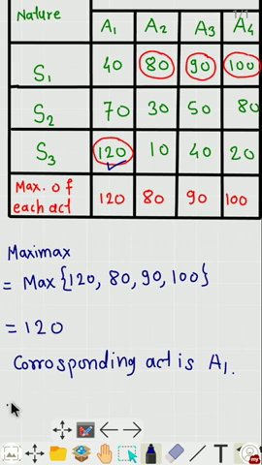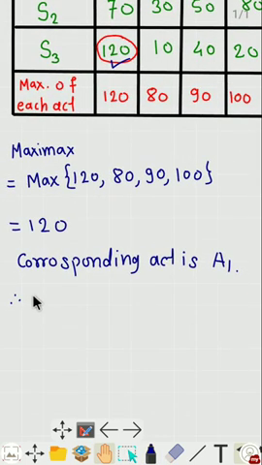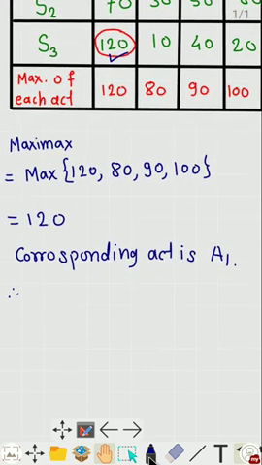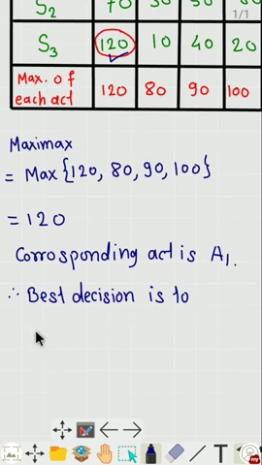Therefore, the best decision is to choose act A1. This is the way to use the Maximax criterion to decide which decision is better.